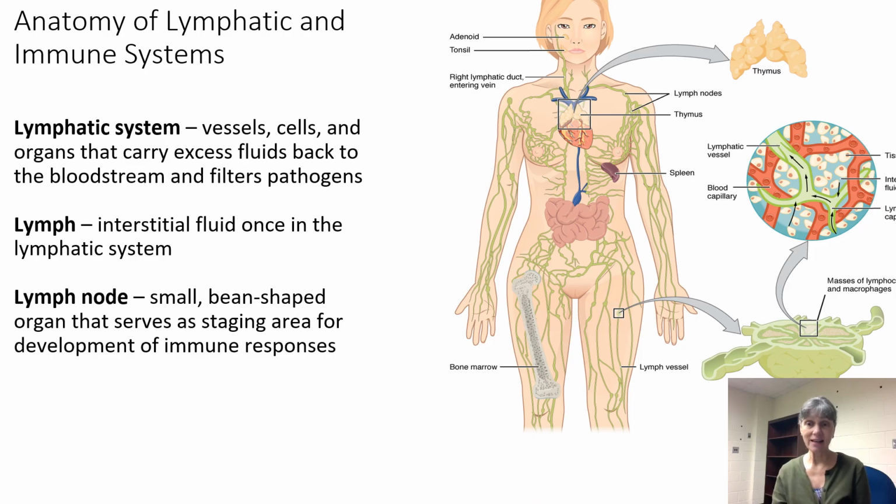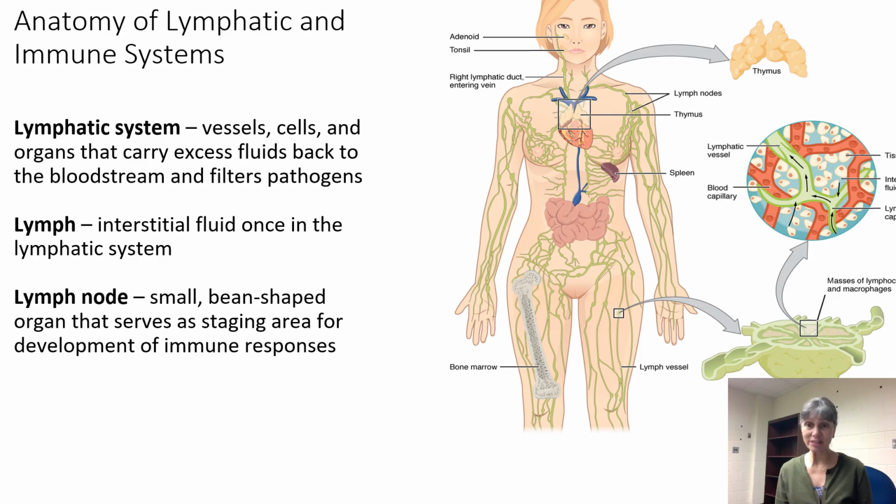Antigens are things like bacteria or bacterial toxins, viruses, cancerous cells, incompatible blood cells. Anything that can elicit or provoke an immune response is an antigen.